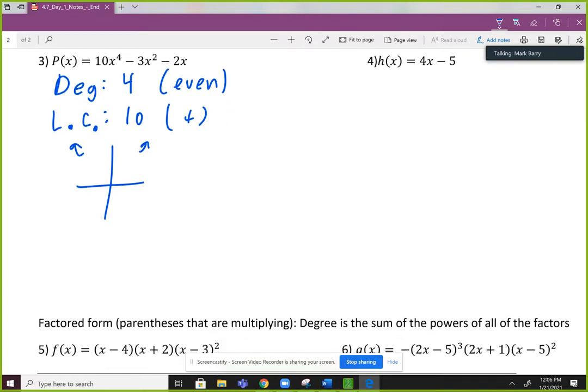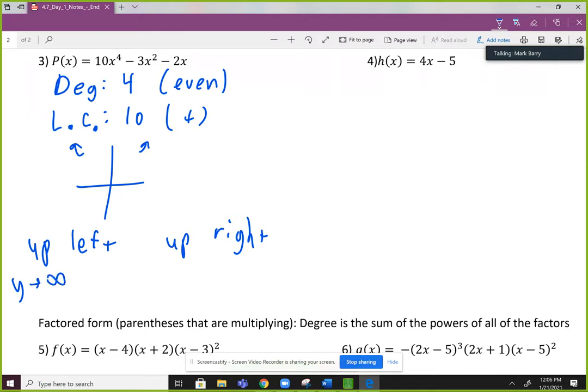Let's practice our infinity writing here. So I'm just going to write it in plain English first, up to the left, and also up to the right. Now we'll translate it to our math speak. So up is referring to y. It would mean y is positive. So just remember, up and down is y. Up is a positive y, down is a negative y. Left is a negative x. Right is a positive x.